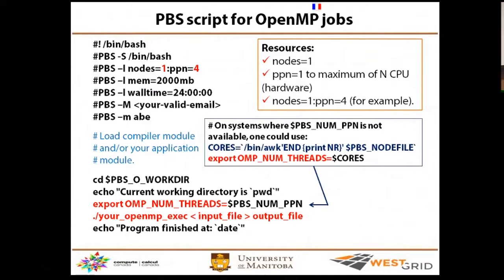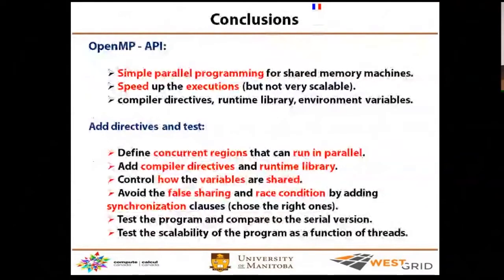So as a conclusion, OpenMP is easy to implement and easy to use. We use it for simple parallel programming for shared memory machines. It can speed up the execution of your code, but it's not very scalable. For this, if you already have your code running, you can run a performance test.